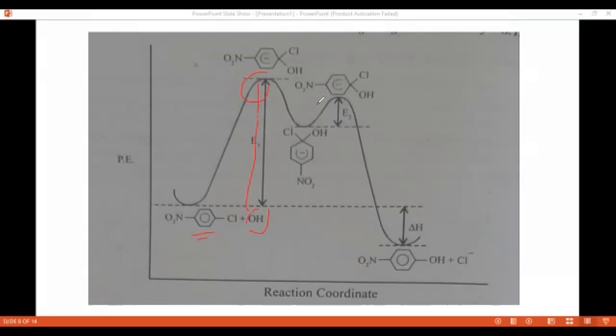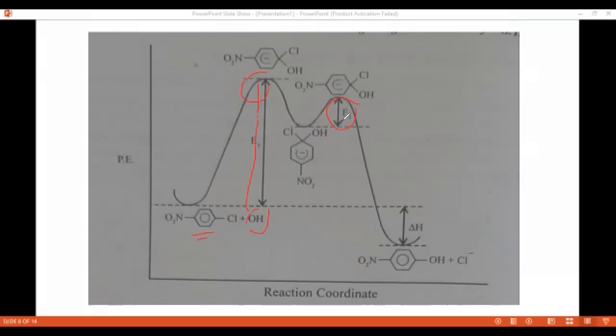Whereas in the second step, the elimination of halide ion is a fast step, and the energy of activation is very low.